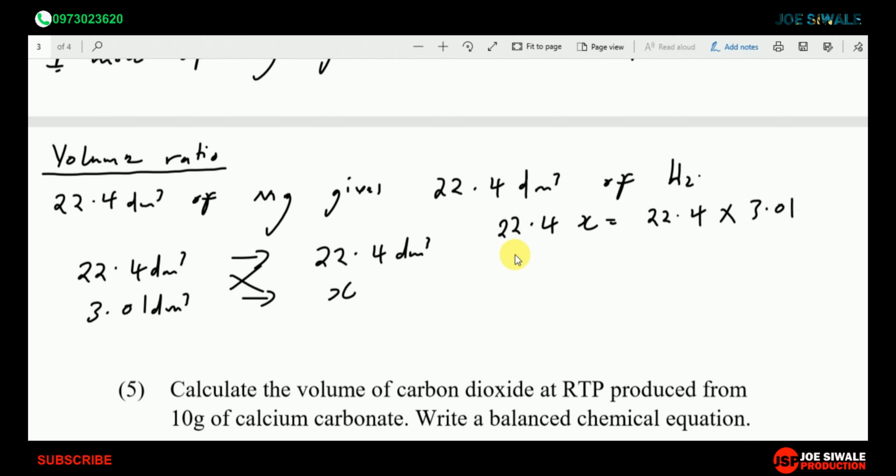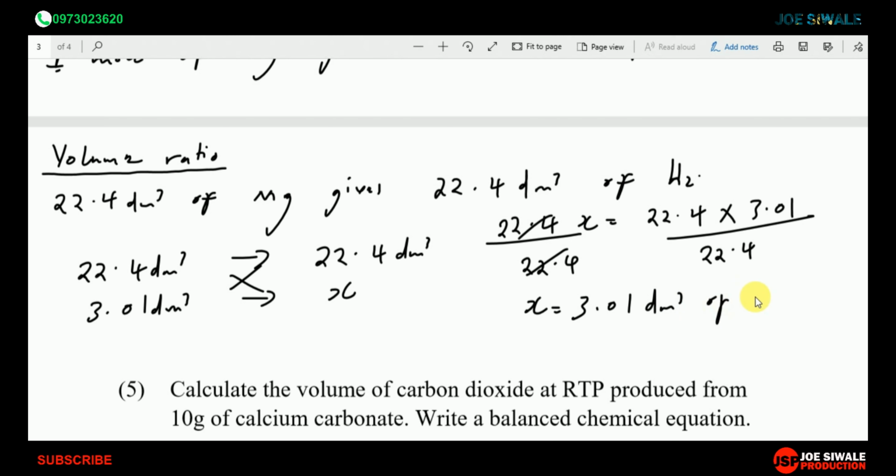So divide by 22.4, divide by 22.4. So x is going to be equal to 3.01 cubic decimeters of hydrogen gas. So that's going to be our answer.